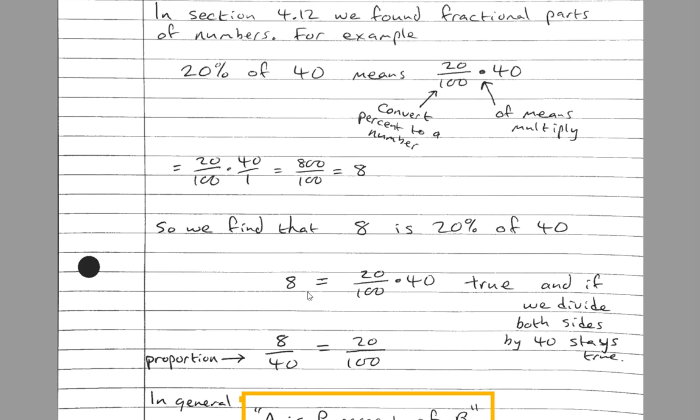We can write it like this: 8 is equal to 20% times 40. And then just rearranging these numbers, if this is true, then dividing both sides by 40 will also be true.